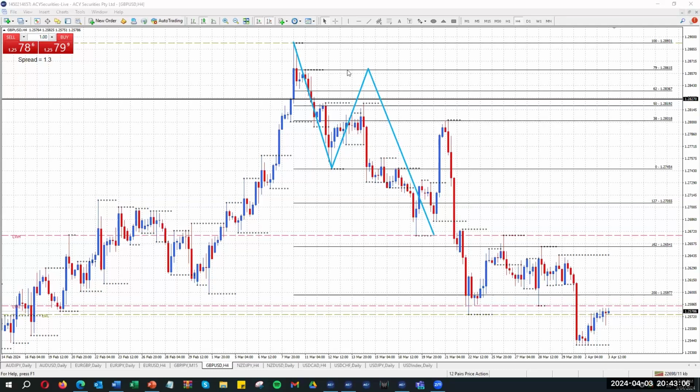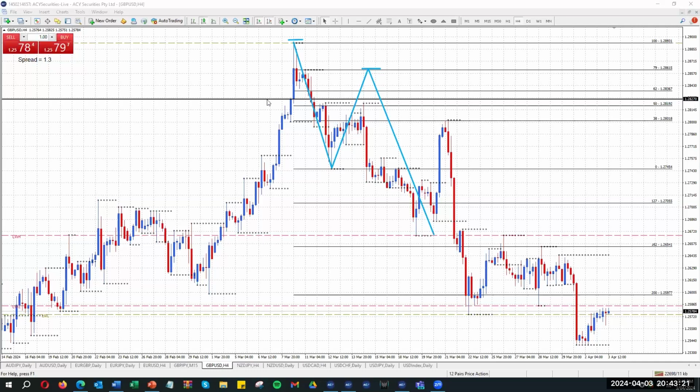All right, so I can work out where the 79% level is. I can put my entry here, my stop above here. But then, of course, price doesn't get up to there. Doesn't even get up to the 62% level, because all it's really doing is it's respecting that high.